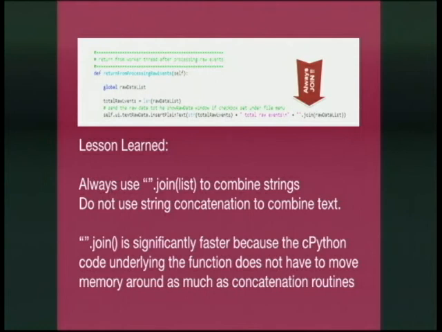Another thing I learned: the traffic signals that I was testing could grow to like 300,000 records a day. I was wading through all this text and concatenating it, and that thing was so slow.